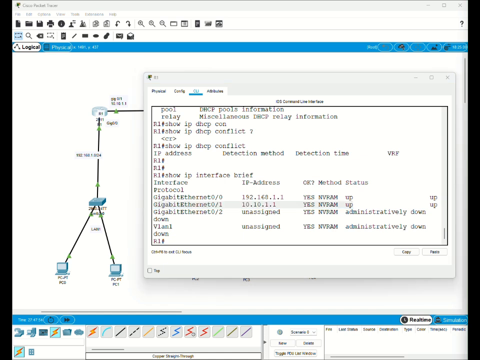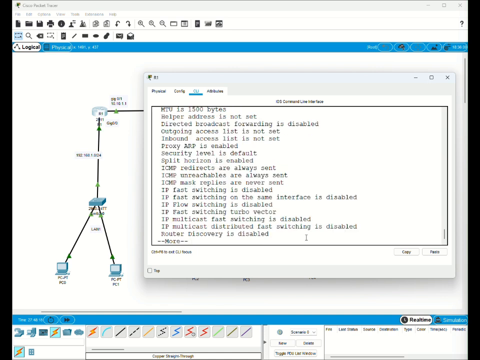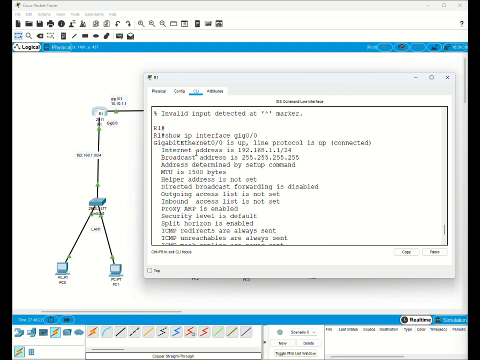So show ip interface, and then specify the interface. Sorry, remove the S. So this will show you this interface, you see.